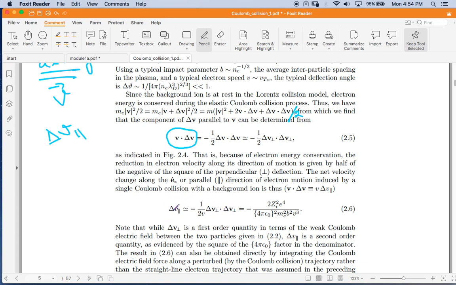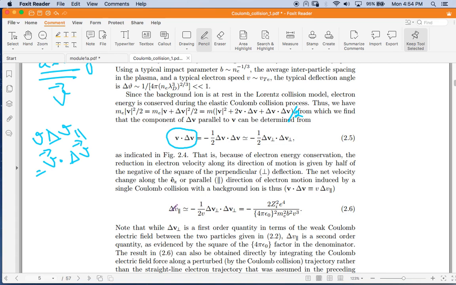That's delta v parallel. Okay, so I should have written v times delta v parallel. Like that. Okay, and so the delta v parallel is something that we're very interested in.